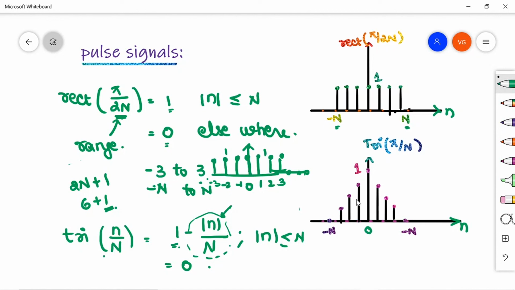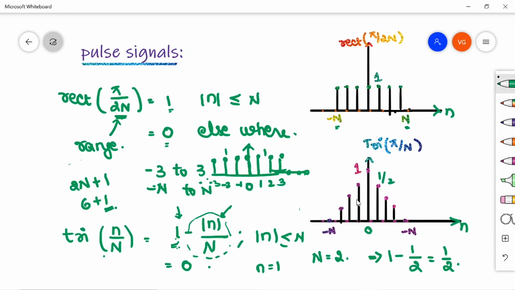Then if n value slowly increases, the amplitude is reduced from 1. Suppose I am taking capital N, that is the range, as 2. Now n is equal to 1 means the amplitude of the triangular pulse is 1 minus 1 divided by 2, so the pulse amplitude will be half.